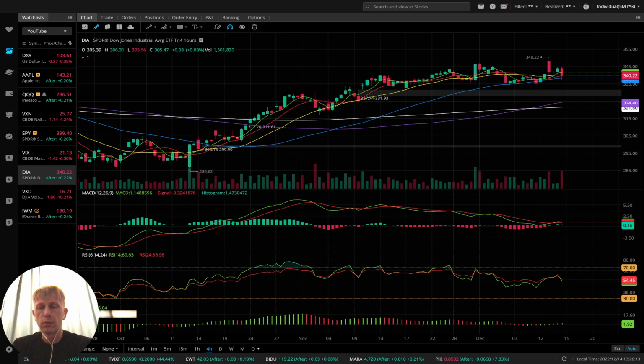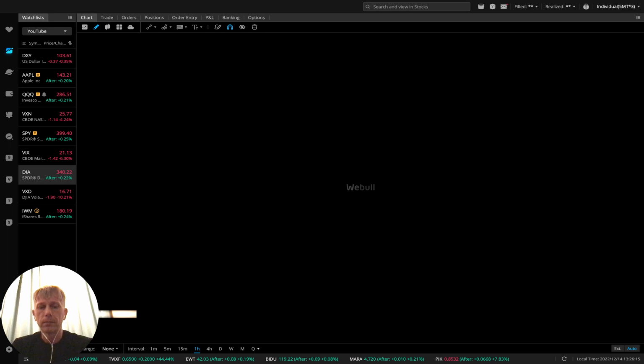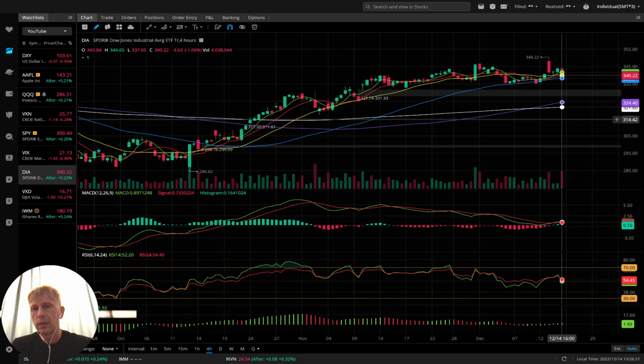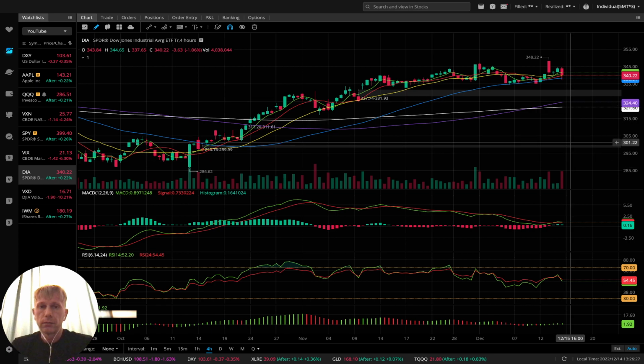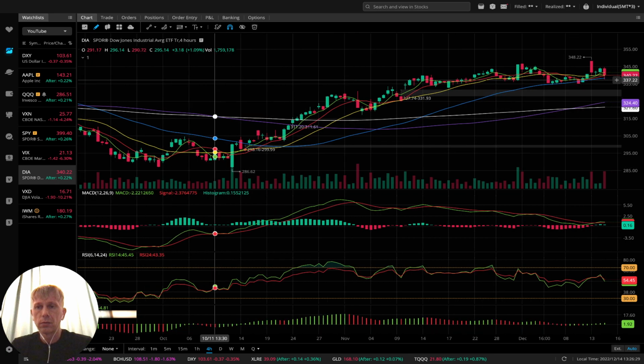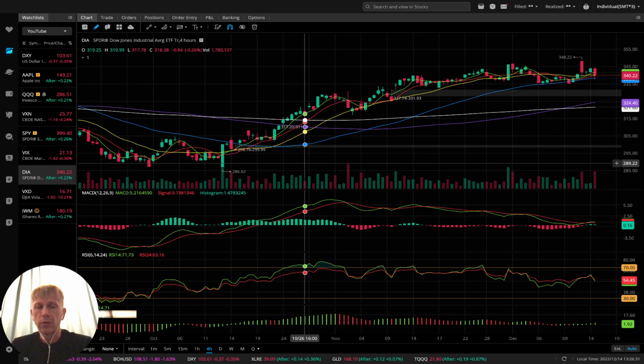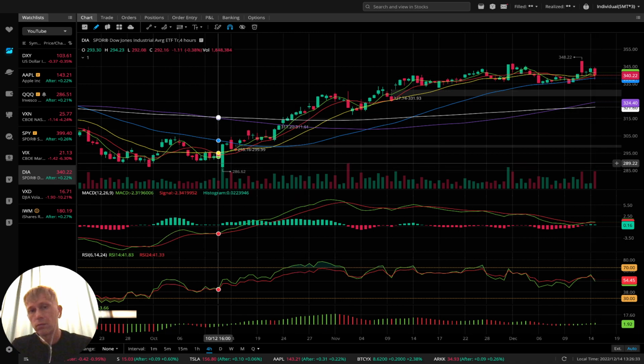Okay, let's move to 1 hour. I'm sorry, let's go back to 4 hours. And yeah, it will close this gap below. It has 2 gaps. Possible that it will close 2 gaps and touch the recent low.